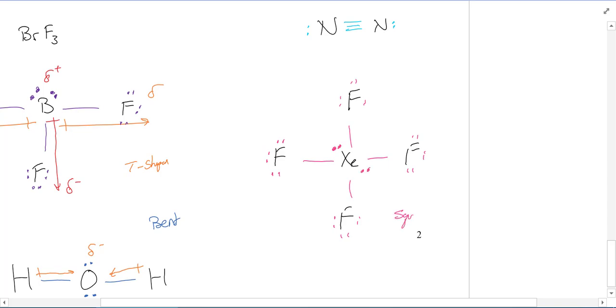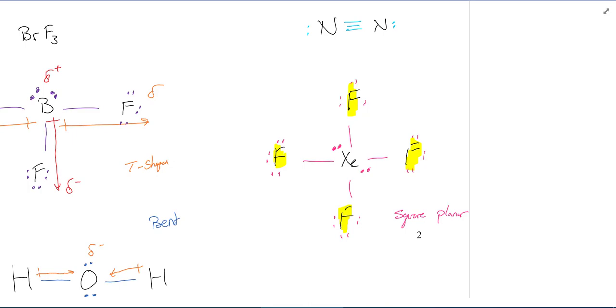This is square planar. As a square planar, all those bond angles are 90. So do we have top 5 atoms here? Yes. We have top 5 atoms. So the fluorines have a lot more electron density than the xenon. However, it is symmetrical, so it's nonpolar.